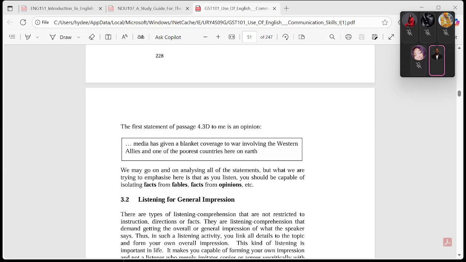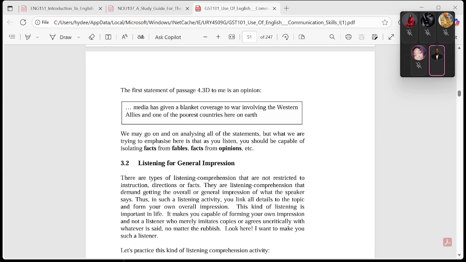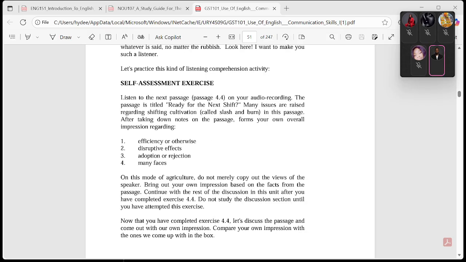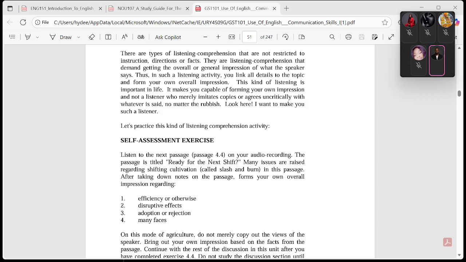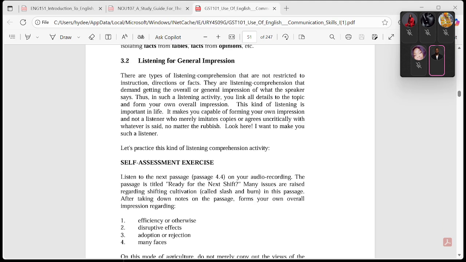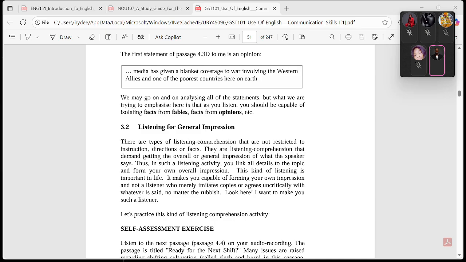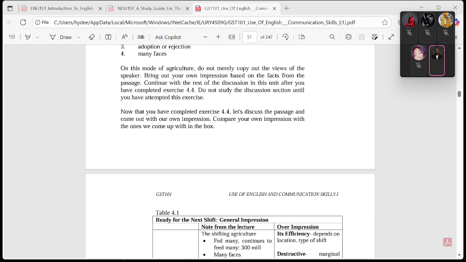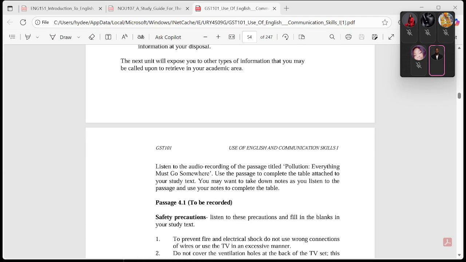Okay. So we have listening for general impression. This is under 3.2, page 229. That's listening for general impression. And don't worry, I didn't chunk out all that information.